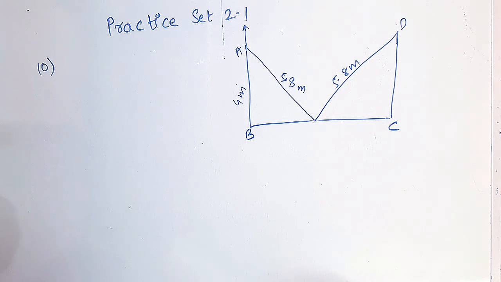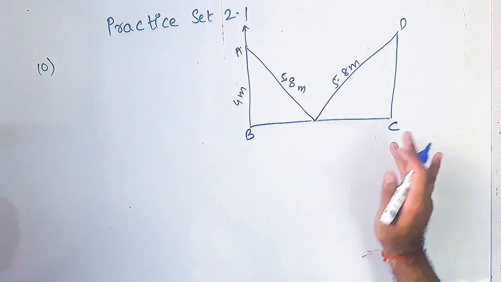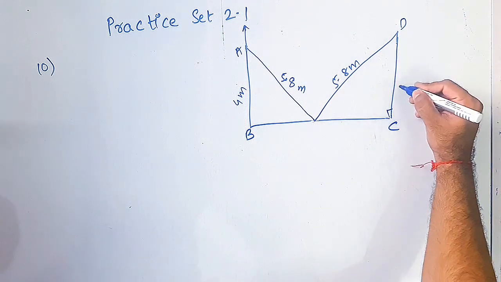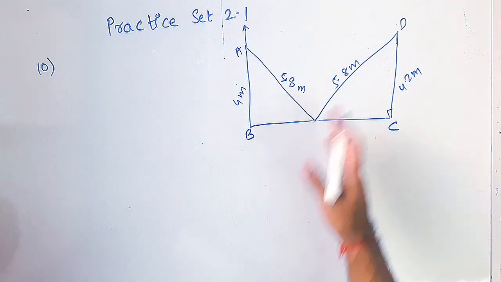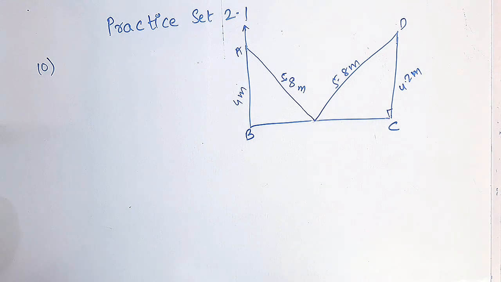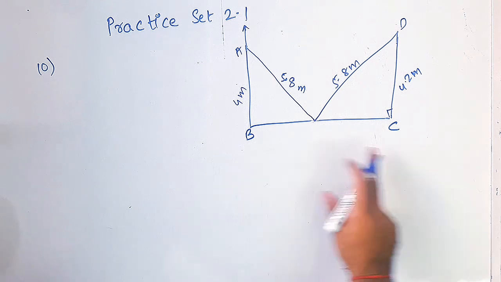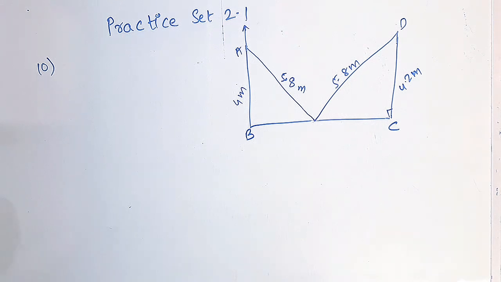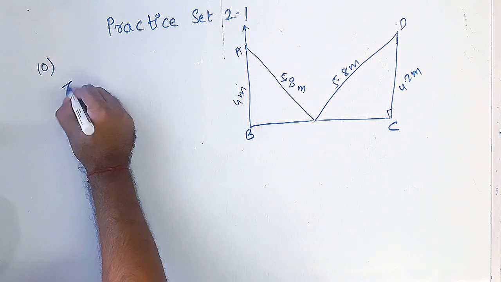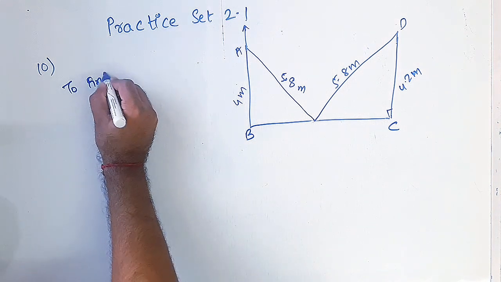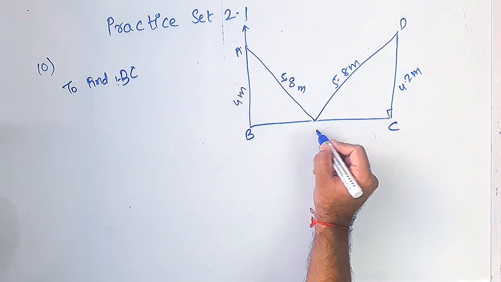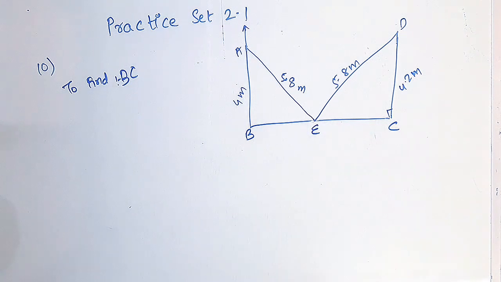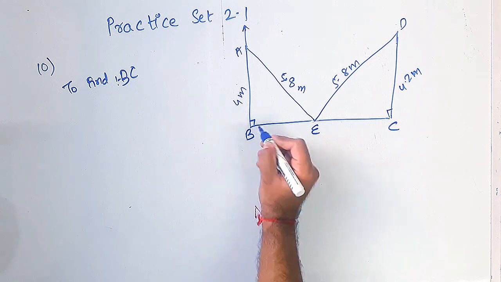So its top touches the window of the other building at a height of 4.2 meter, when the ladder is touching at point D. So find the width of the street, which is very simple. We have to find BC. Now BC will be BE plus EC.